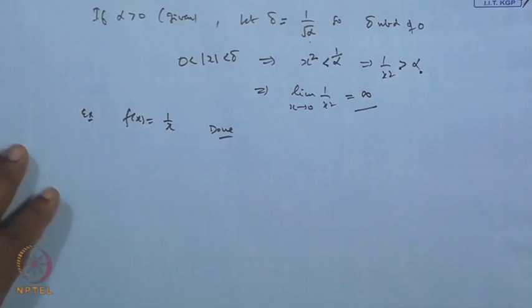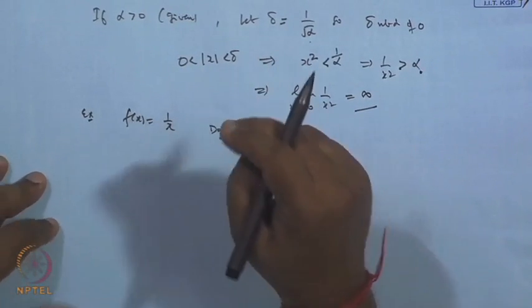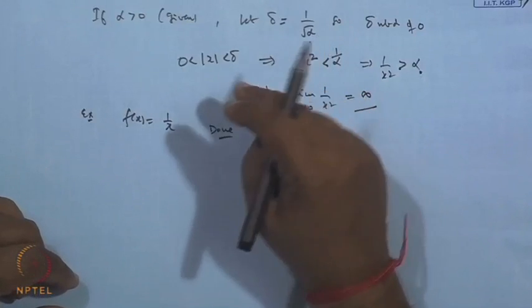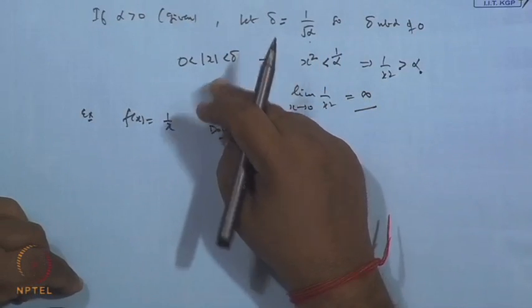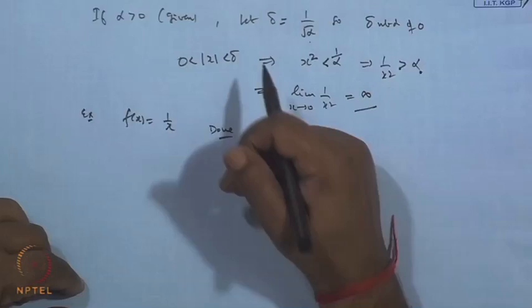Okay. Now, just like we have the squeeze theorem in the case of the limit, a similar type of result we can also have in the case of the right hand or left hand limit.